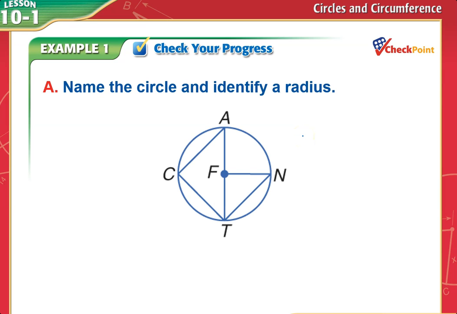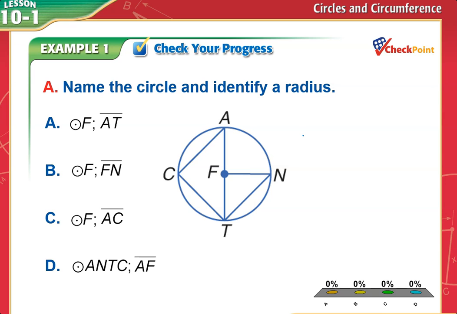All right, name the circle and identify the radius. Go ahead and pause your video and answer the question. Good, it's circle F, and we have a radius identified as Fn. We also have a radius of Fa and a radius of Ft.